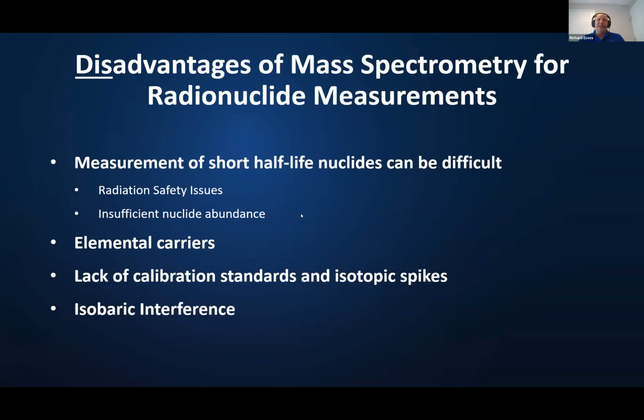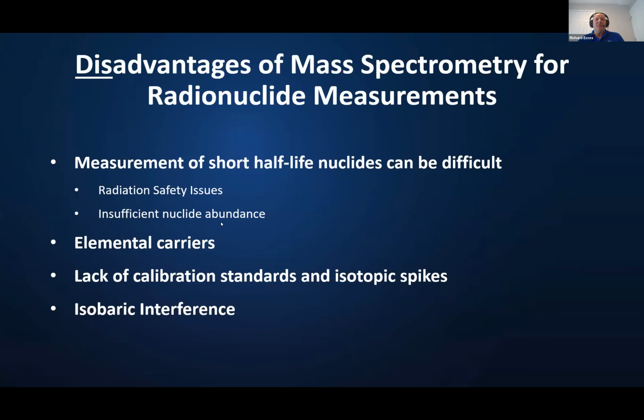For a variety of reasons, short half-life measurements can maybe be done, but they're difficult with mass spectrometry, particularly because you need a certain concentration of material to get high precision measurements, but you might be running into radiation safety issues to have enough atoms of some material with a very short half-life.